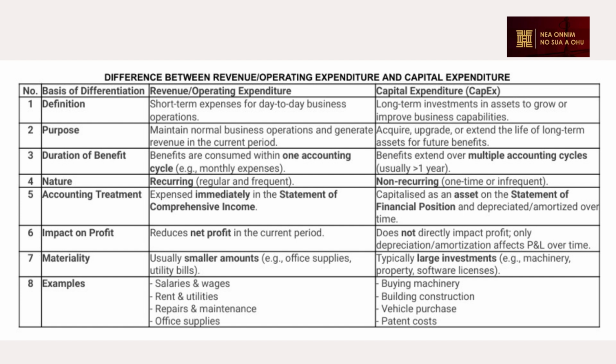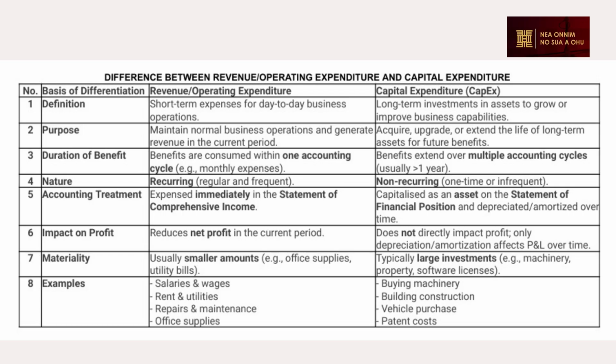So primarily, they are intended to improve upon the earning capacity of assets that are in the business's control. So that is the difference between revenue or operating expenditure and capital expenditure on the basis of their purpose. I hope that is clear.